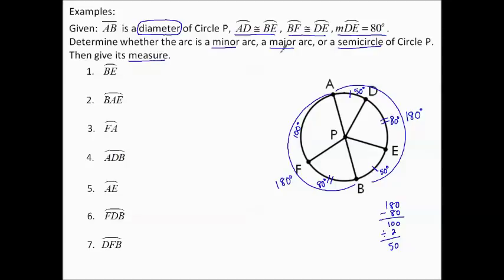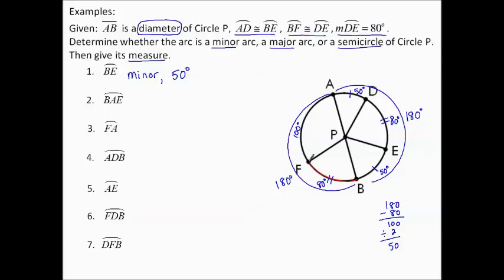Well, I was supposed to tell what kind it is. Notice that it's less than halfway around the circle, so it's a minor arc, and the measure is 50 degrees. Two things we have to give. Arc BAE. Now, how did I know to go that way instead of B to A and then to E? Well, because I'd be backtracking.